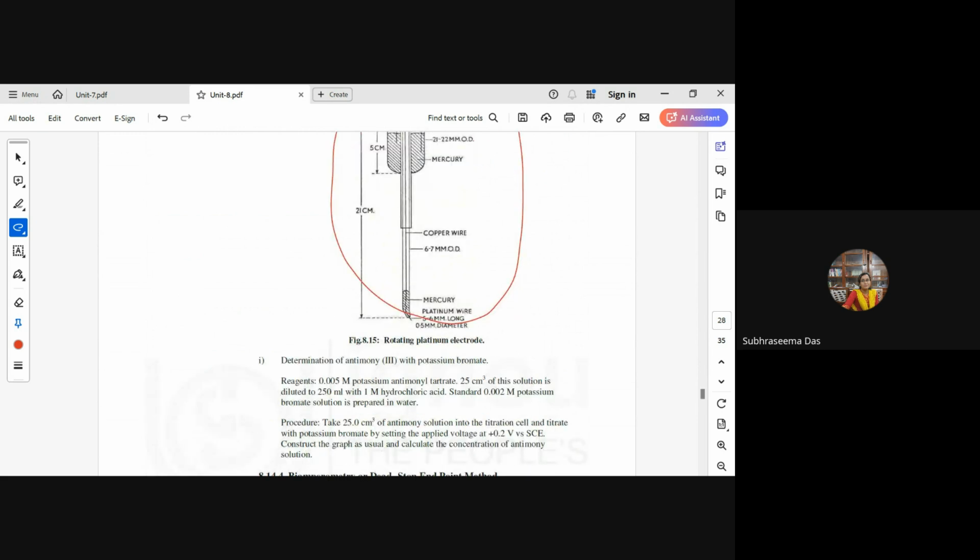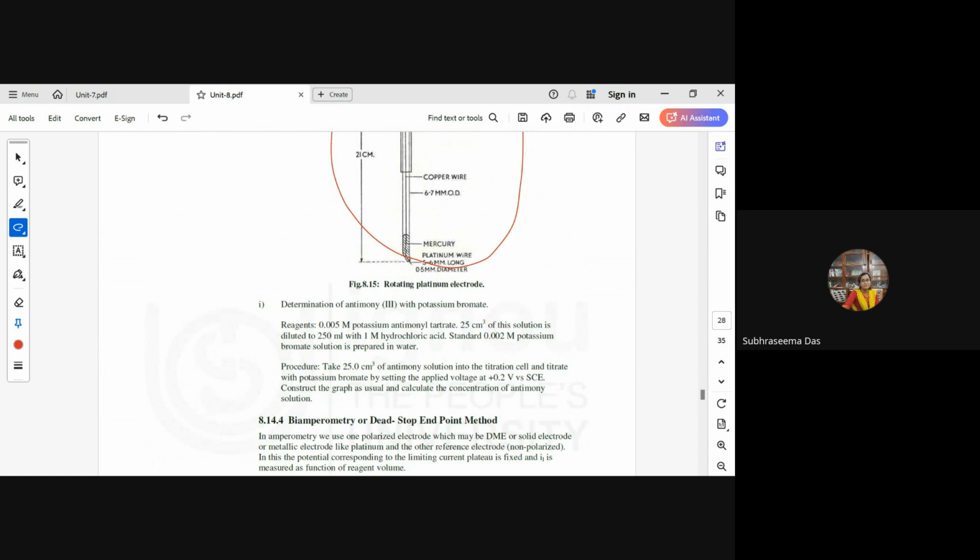For the reagents for using a rotating platinum electrode, the determination of antimony with potassium bromate is done. For this, potassium antimonyl tartarate is taken. 25 ml of this potassium antimonyl tartarate is diluted to 250 ml with hydrochloric acid.